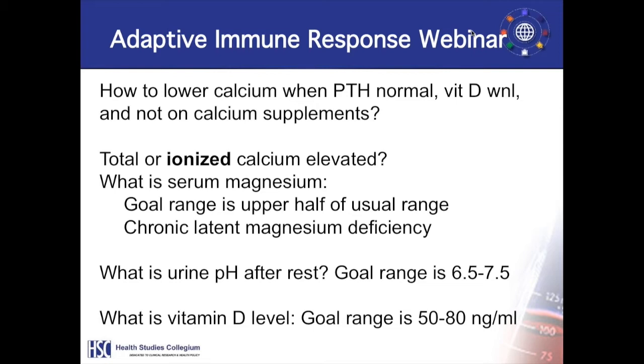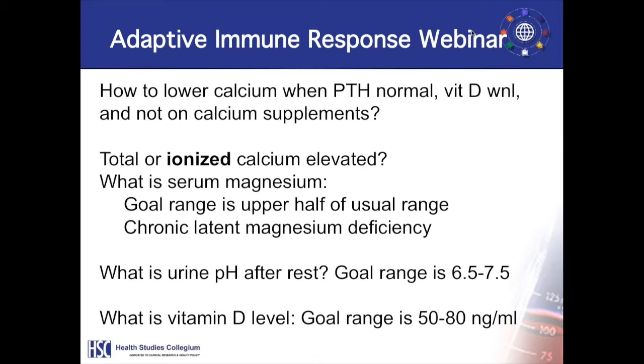The third question is, what's the urine pH after 6 hours of rest? If the individual has a pH between 6.5 and 7.5 on the first urine that comes out after 6 hours of rest, so that the urine has equilibrated with the bladder and kidney cells, now we have a non-invasive measure of cellular metabolic acidosis.